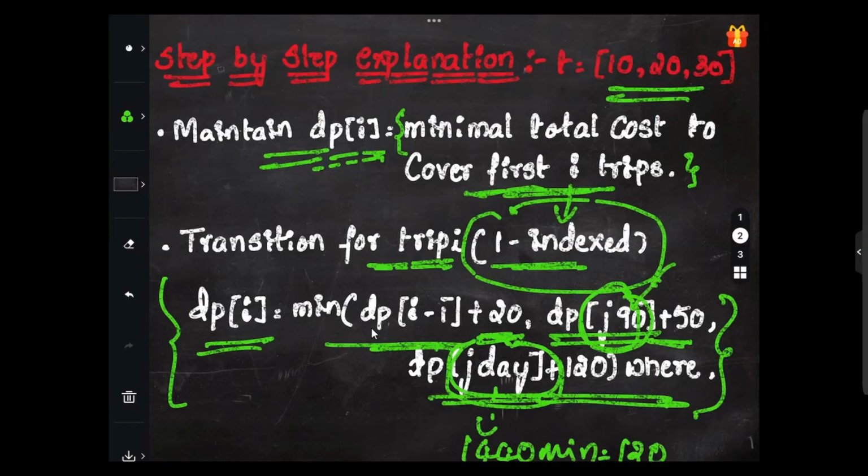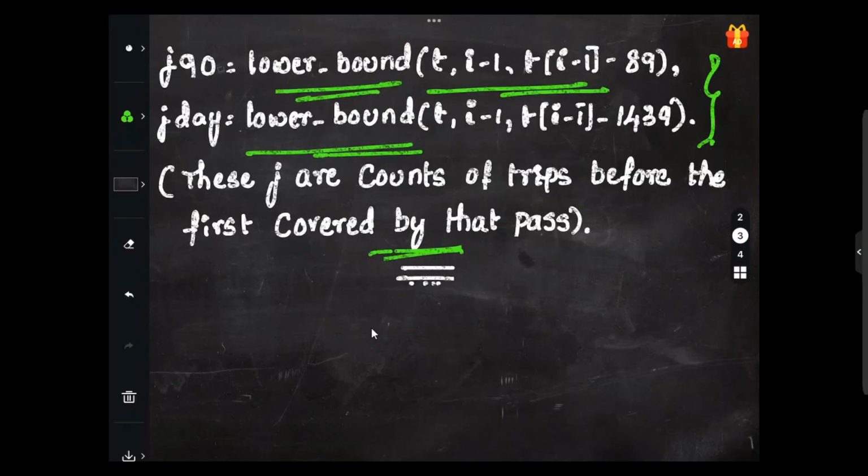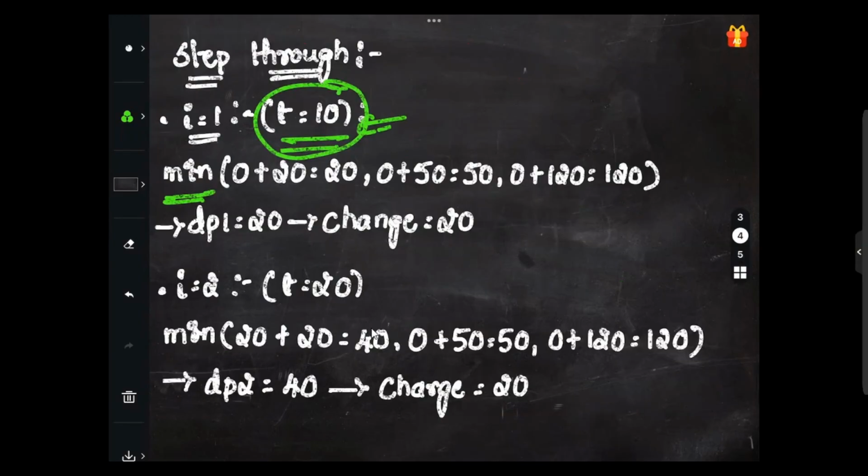For the 90 minutes we have 50, and for the single ride it is 20. Initially we'll be going with the formula 0 plus 20, 0 plus 50, and 0 plus 120. So when t is 10, this is a single ride, so dp of 1 is nothing but 20.